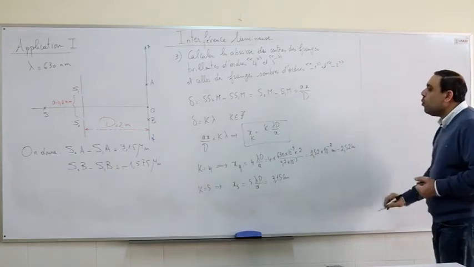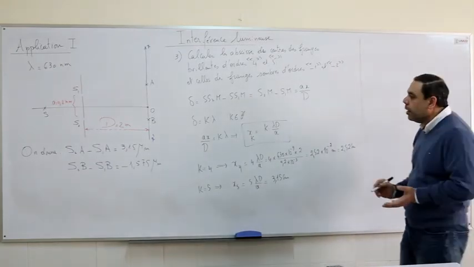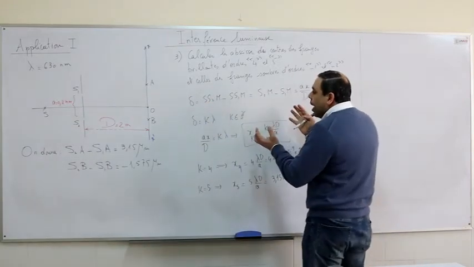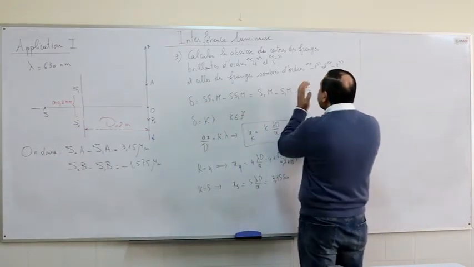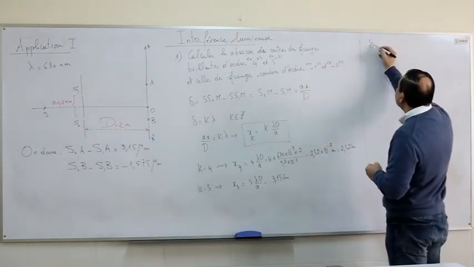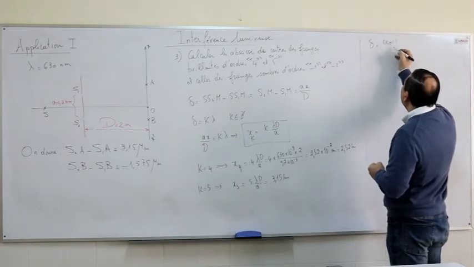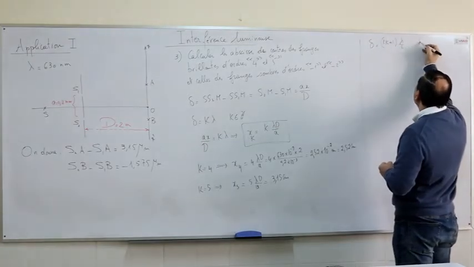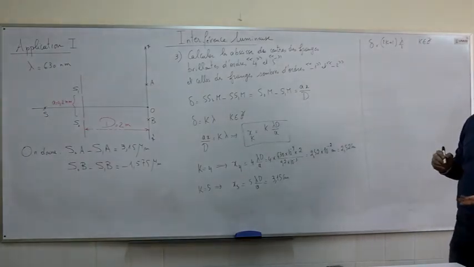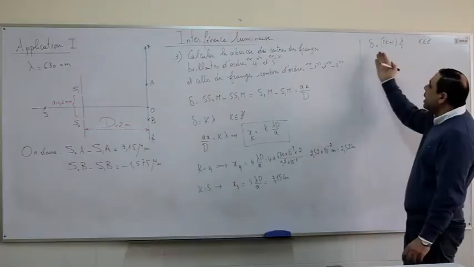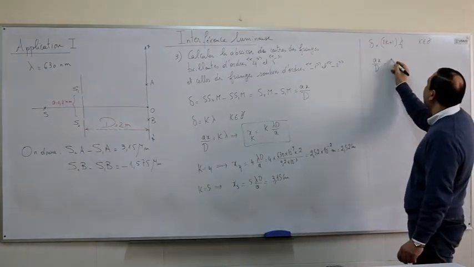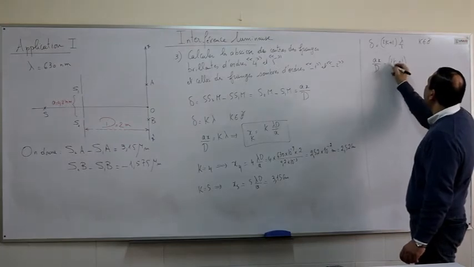Now for a dark fringe, the condition K lambda changes, but the analytic expression of delta is always AX over D. So for a dark fringe, delta equals 2K plus 1 lambda over 2, where K is an integer that corresponds to the order of the fringe. The optical path difference is always AX over D, which is equal to 2K plus 1 lambda over 2.